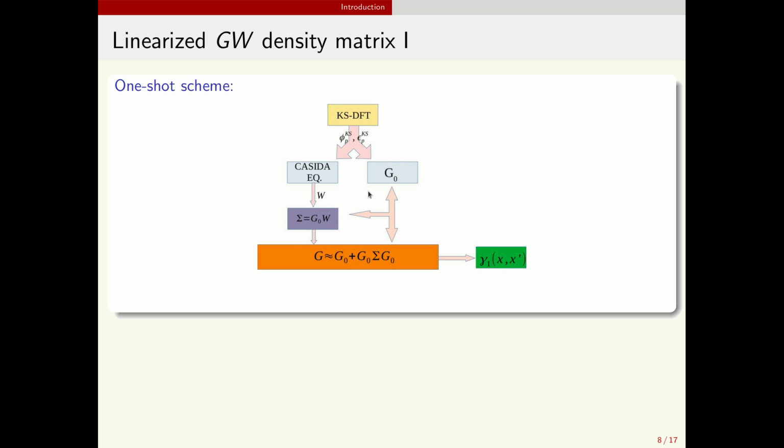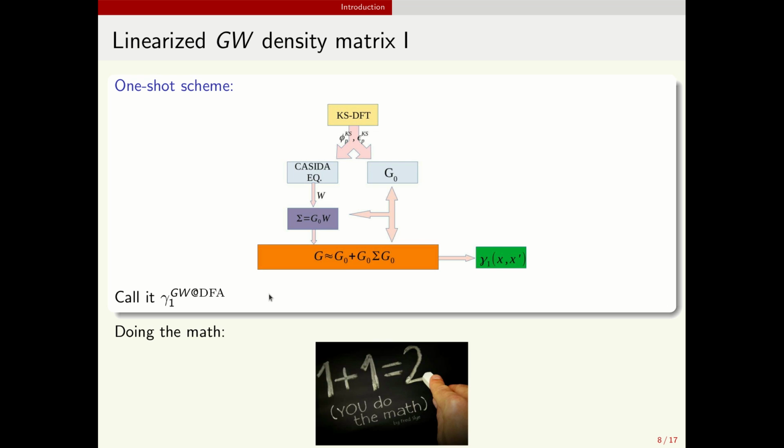With these two ingredients, we can produce the self-energy. Finally, if we apply it into our approximation, we can obtain our approximated Green's function and our newly developed 1RDM, the GW updated 1RDM, which we will simply call GW at a given density functional approximation.